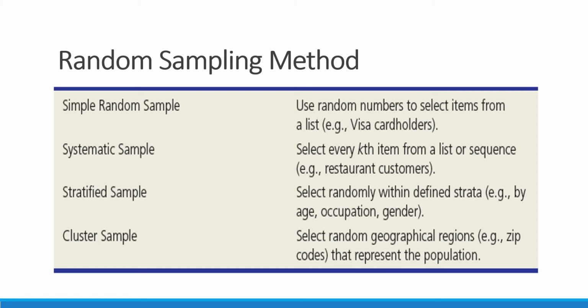The second way of random sampling method is the systematic sample. In this way, if you have a list that contains 100 people, and the researcher decided to select number 1 and then add 9 to this number, the result is number 10.